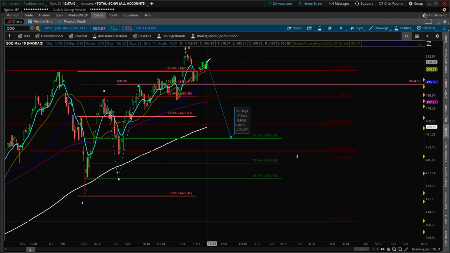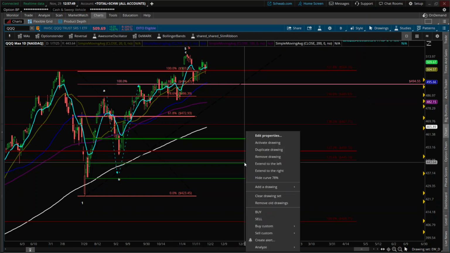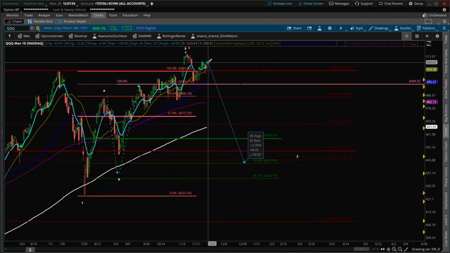It's 10%. It did 15% for the other 2018 move. What if we made it down to 786? From the same date, since we're making all-time highs, that's more like it. That's 13%. That's 26 bars.